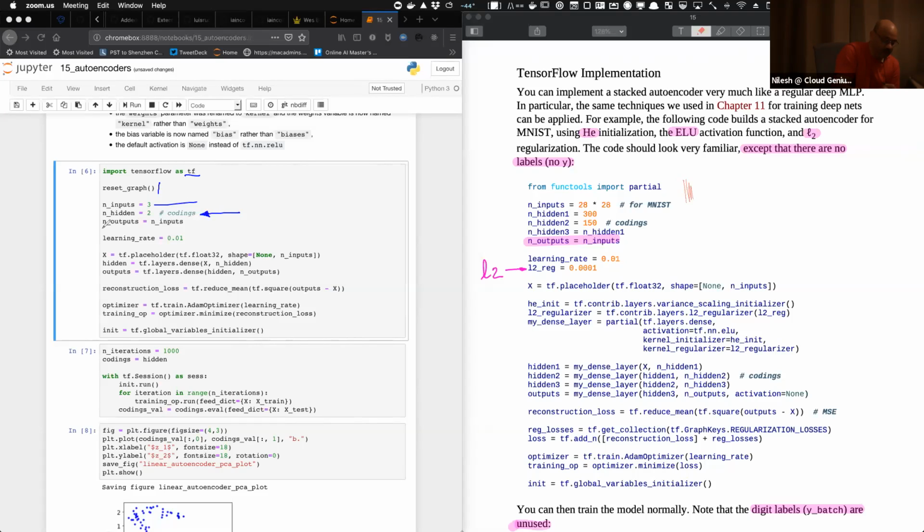Our rule is that the output matches the input. That's the expectation. We set a learning rate, and we set X as a placeholder variable. We define a hidden layer and an output layer, so 3 layers. We calculate our reconstruction loss as a root mean square function: the squares of output minus X, the differences, and we want to reduce that.